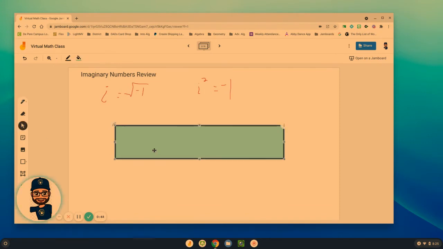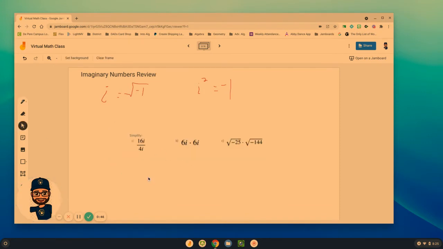And so I've got three examples here that I just want to talk about simplifying.